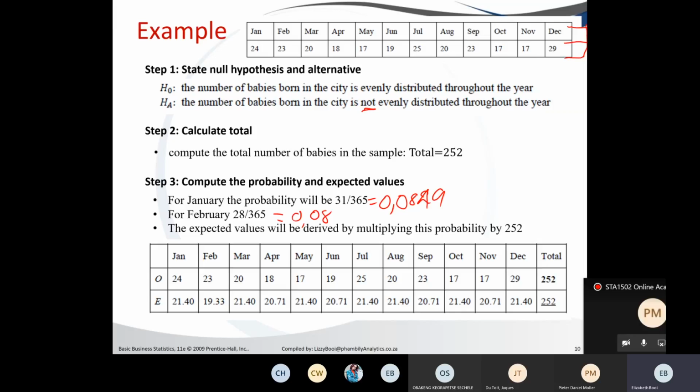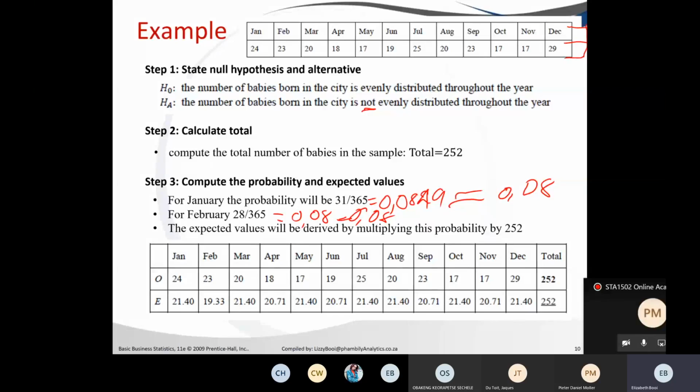So remember, when you calculate, please leave all your decimal places, because if you round off quickly, for example, if I had rounded off quickly and said the answer is 0.08, you will notice that this will also say 0.08, and therefore your expected value will be the same throughout.